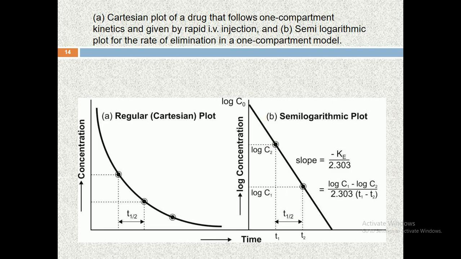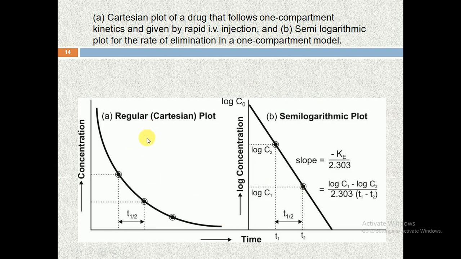Here is the semi-logarithmic plot, and look, this line is straight: log C2 and log C1, with T1 and T2 and T1/2, the half-life. The difference between these two graphical representations is that in both the concentration of the drug is reduced with the passage of time, but here the line is straight and here the line is curved.